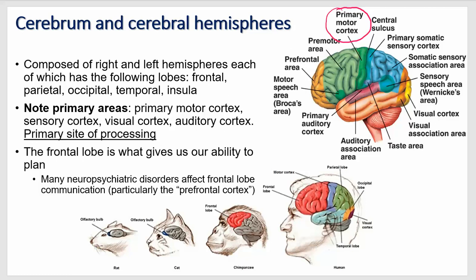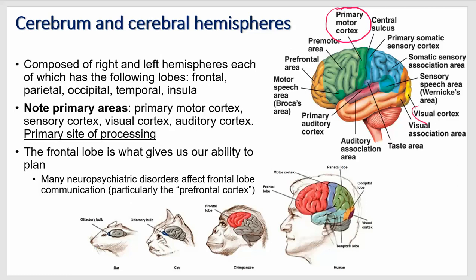That all starts here, and it communicates with a lot of other places to get to that point. Same with the primary somatic sensory cortex: sensory information arrives there and is processed.